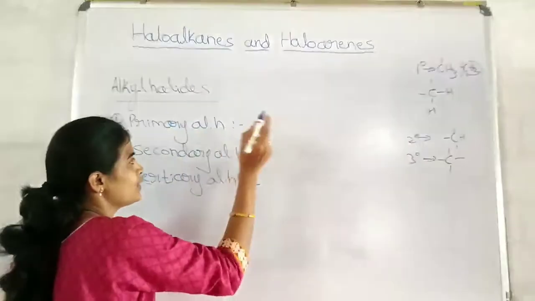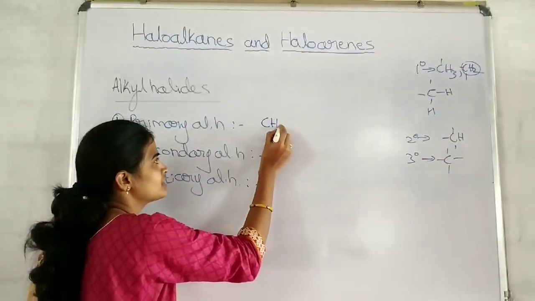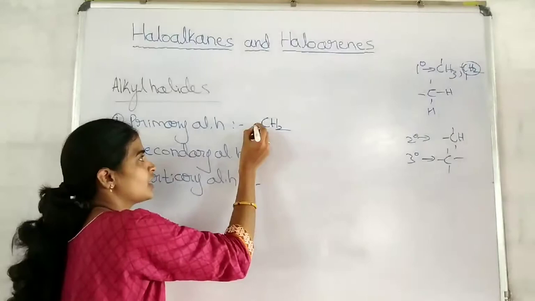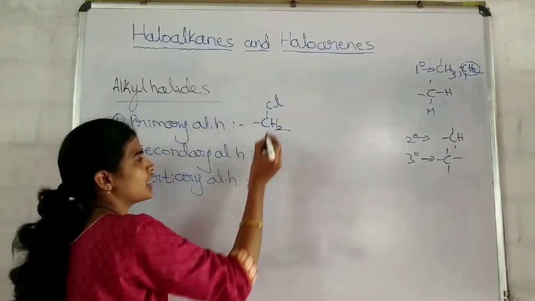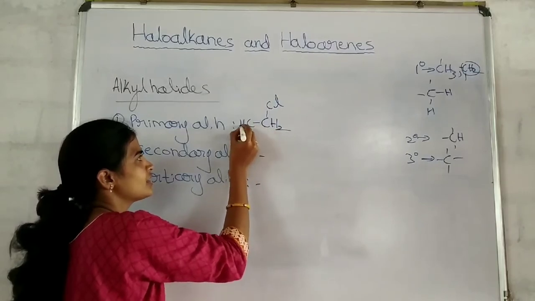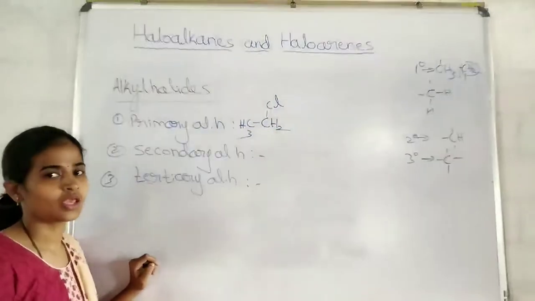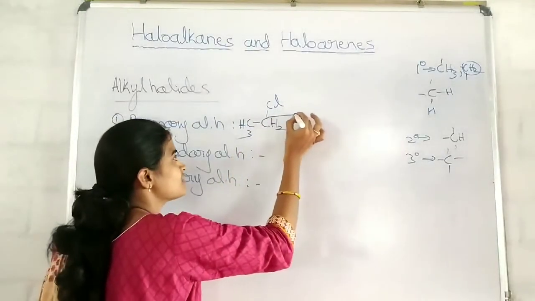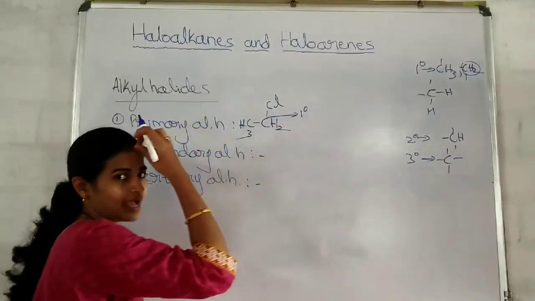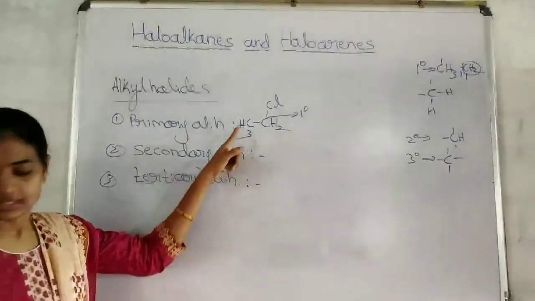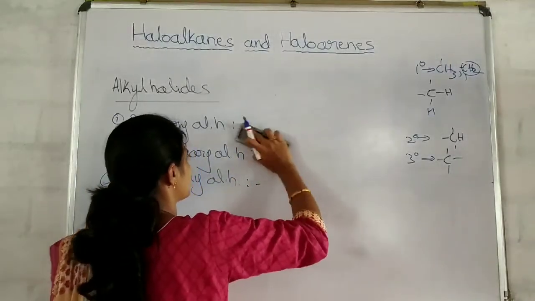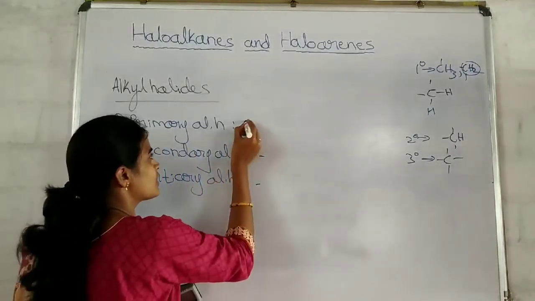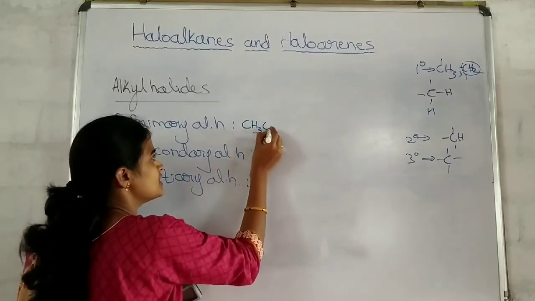So here, take one primary carbon atom, CH2, and to this I will attach one halogen atom. Here I will attach CH3. What is the nature of this carbon? This is a primary carbon atom. Therefore, this is an example for primary alkyl halide.